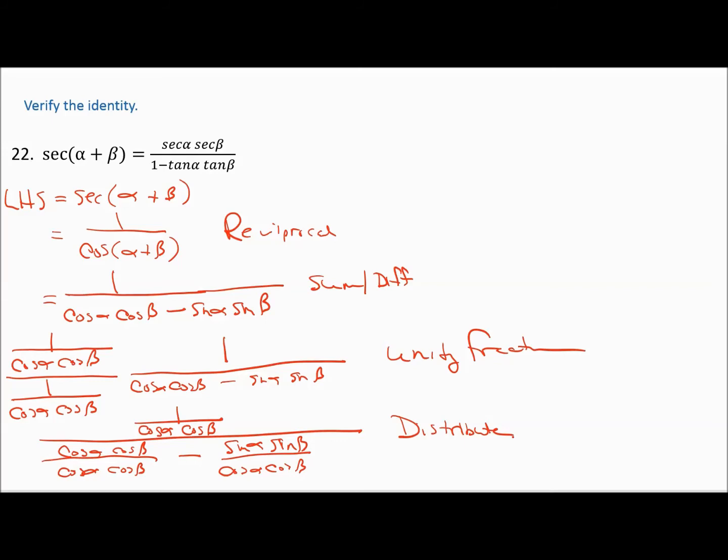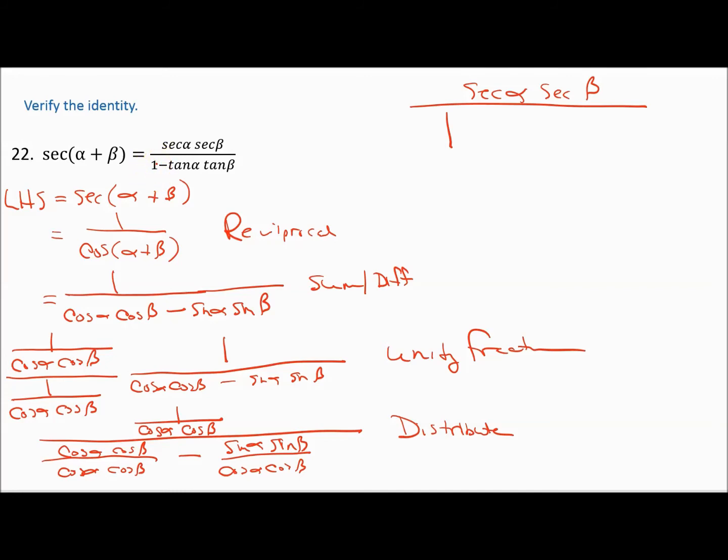Now I'm there. Believe it or not, I'm there. 1 over the cosine of alpha is secant of alpha. 1 over the cosine of beta is the secant of beta, divided by, cosine of alpha over cosine of alpha is 1, and cosine of beta over cosine of beta is 1. Again, that's how I came up with this trick in the first place, because I knew that needed to turn into a 1.